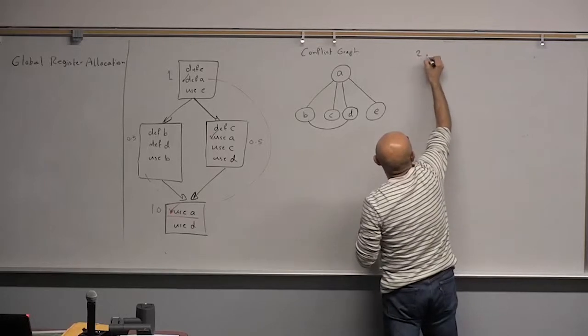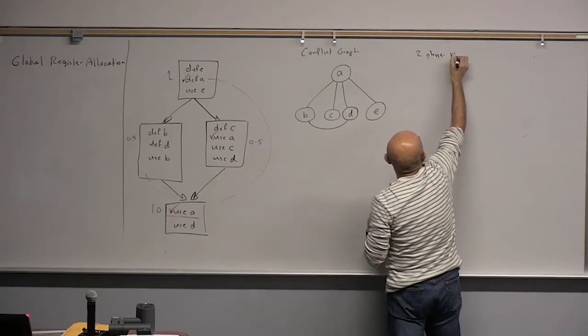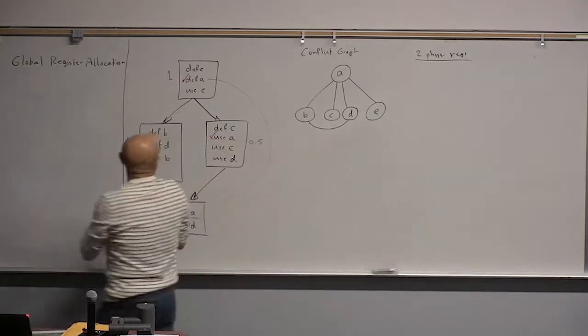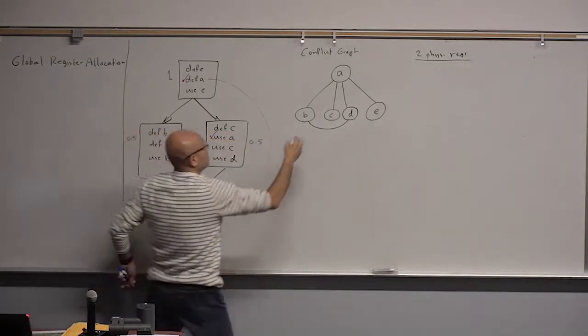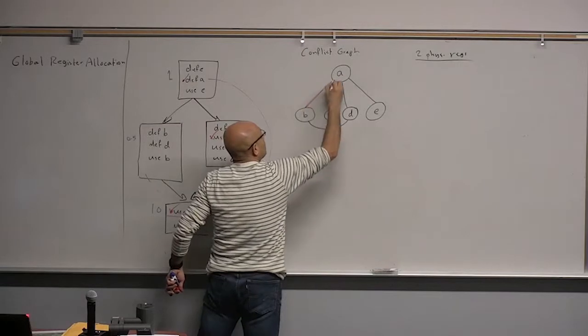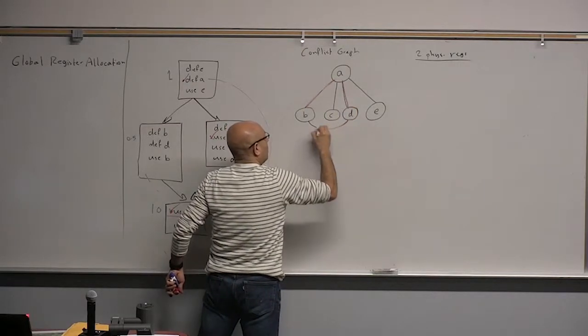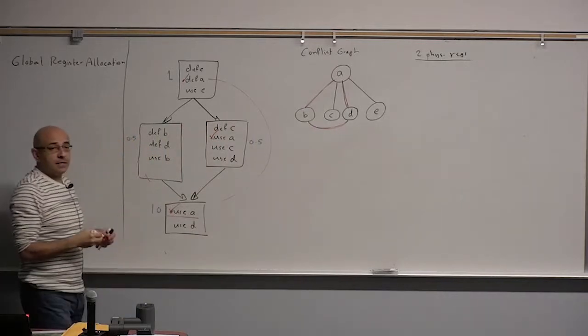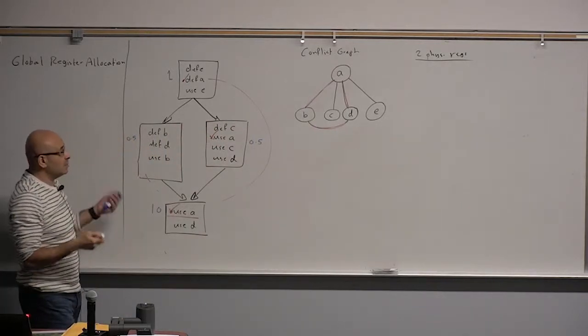Because we have a clique of size 3, as we said last time, these all conflict with each other. We can't do it with two physical registers. We must spill. The question is what to spill.